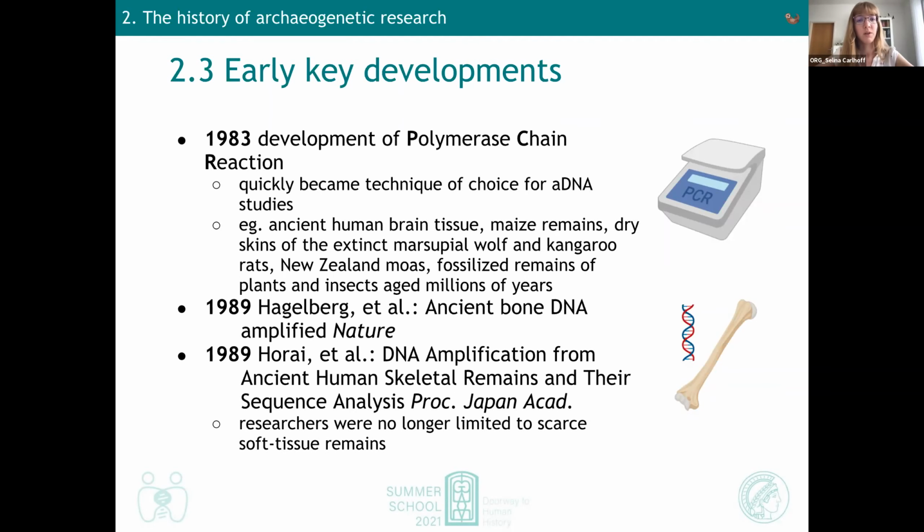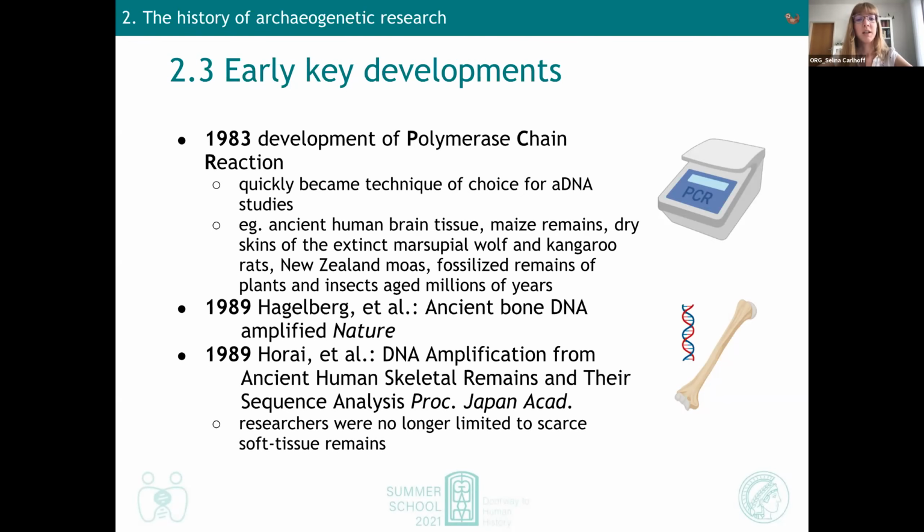And around this time, there was also one of the key technological improvements that really sped up the development of the field of archaeogenetics. This was the development of the polymerase chain reaction in 1983. With this technology, they were able to really rapidly reproduce the DNA that they would find in ancient tissue.